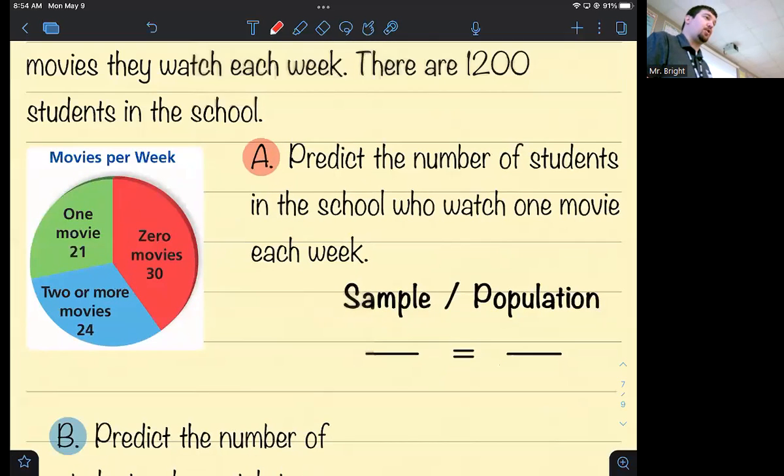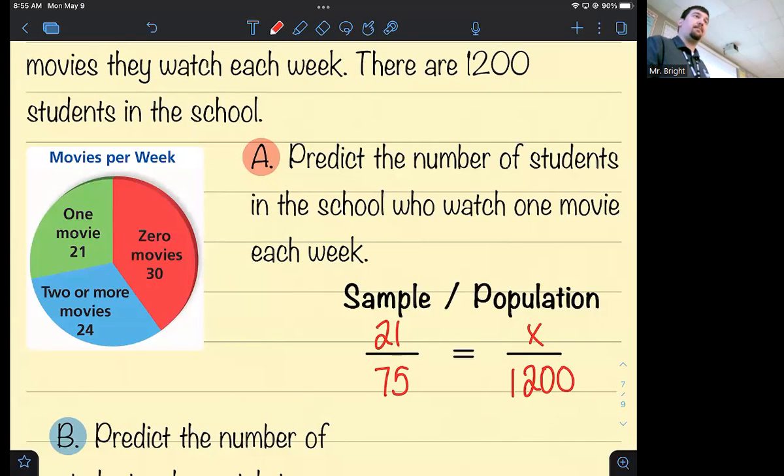So when we set up our proportion, we're going to have our sample ratio and then our population ratio. How many students that were sampled said that they watch 1 movie a week? 21 out of, not 1,200. You asked 75. So if 21 out of 75 say that they watch one movie a week, then how many out of 1,200 would say that they watch one movie per week?